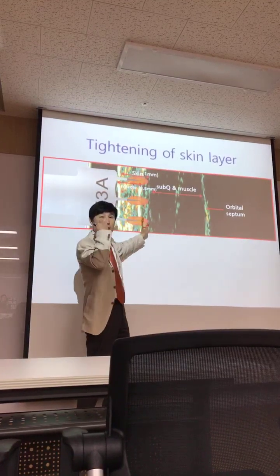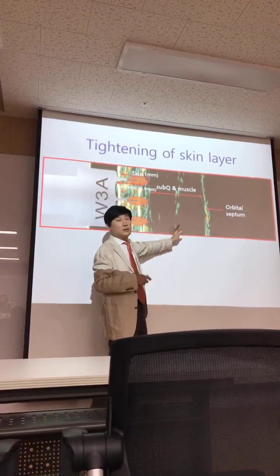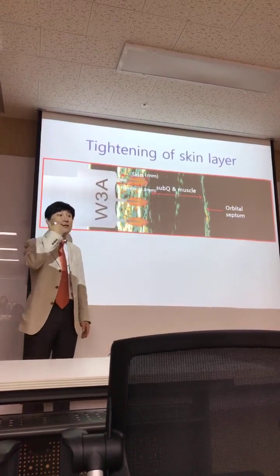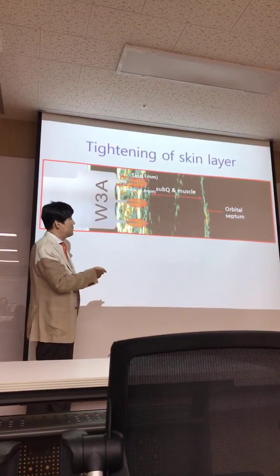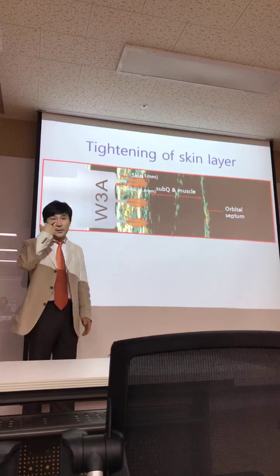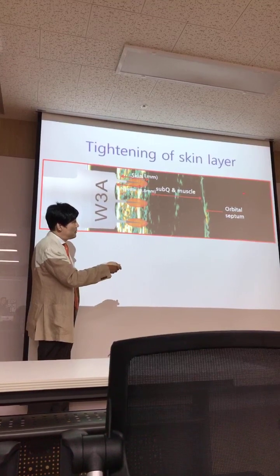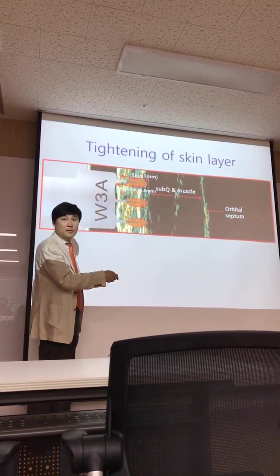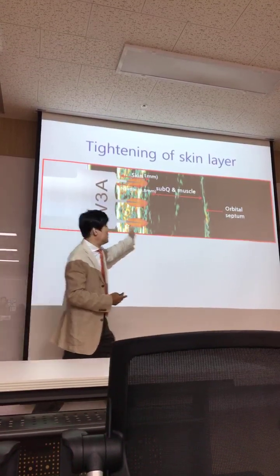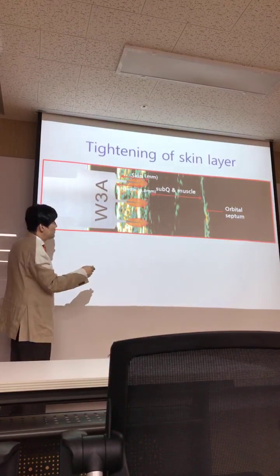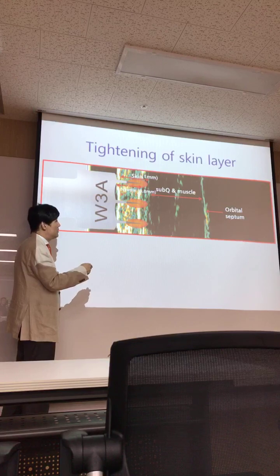Under the skin, there is a muscle. This is the orbicularis oculi muscle, a very thin muscle. And under the muscle, there is the orbital septum. And under the septum, there is an infraorbital fat pocket. So I measured the distance from here to here. The skin thickness is 1 millimeter.